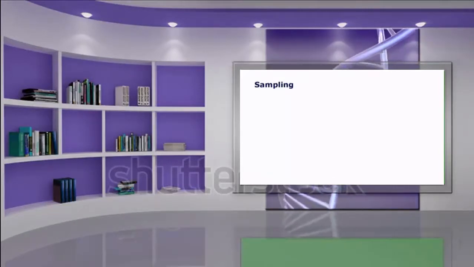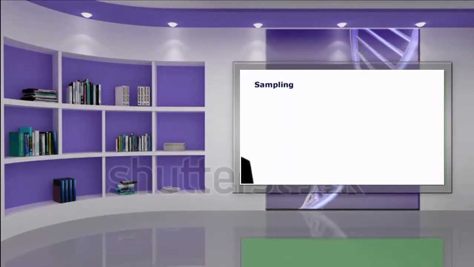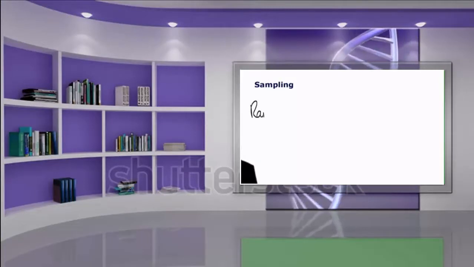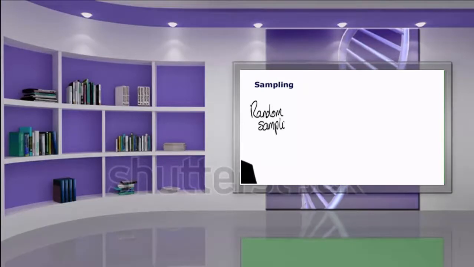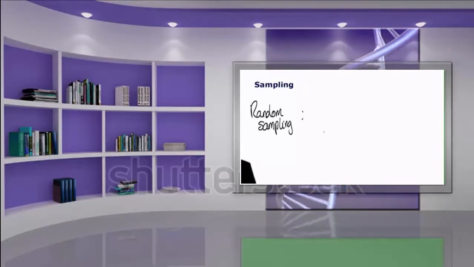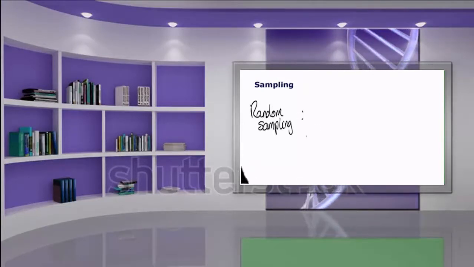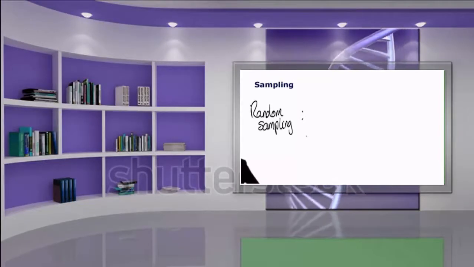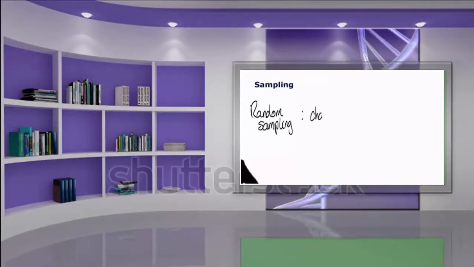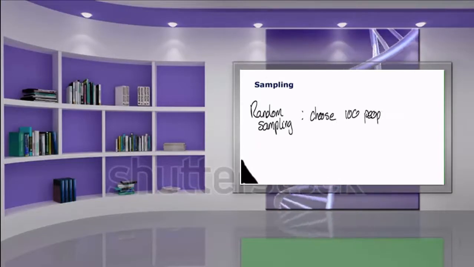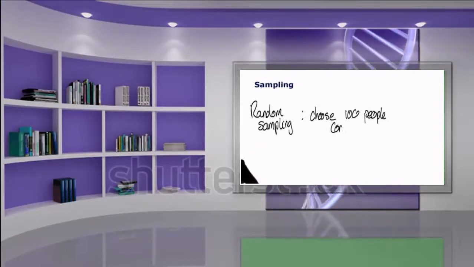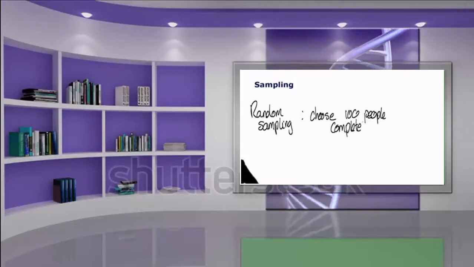Now there's a few different approaches we can apply to sampling. First of all, we have random sampling. So, if we want perhaps a sample of 100 people, then we choose 100 people, or however many we want, completely at random.